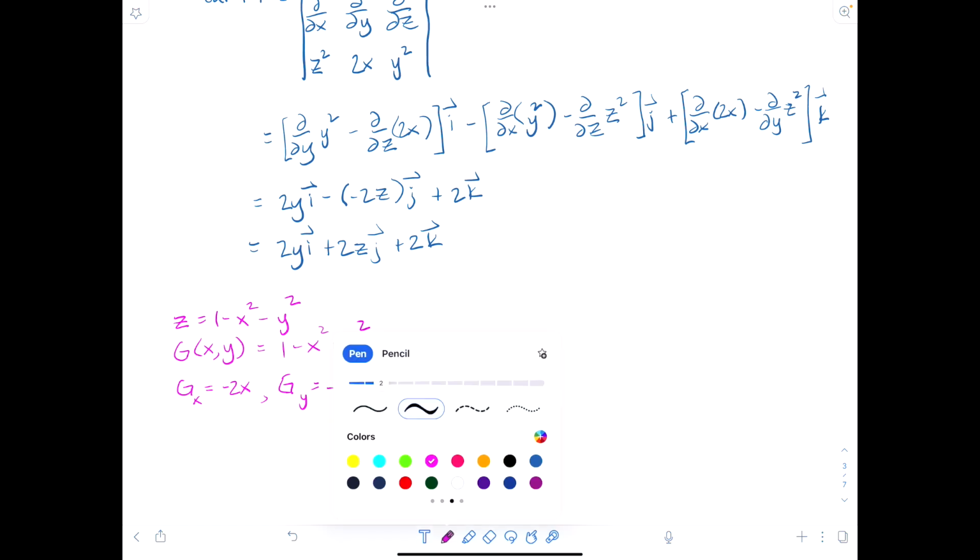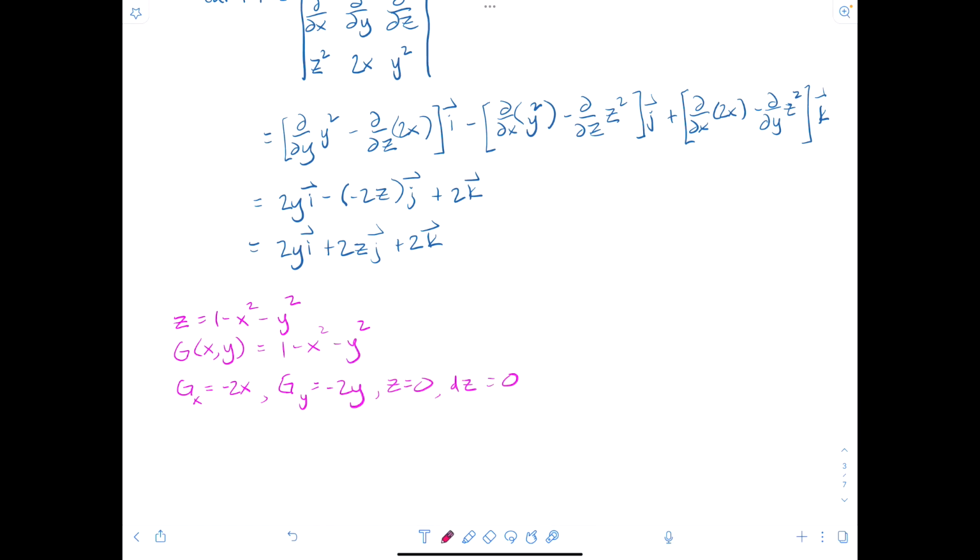And if you recall, an upward normal vector can be found by negative g_x of x and y times i, and then minus g_y of x and y times j, plus k.